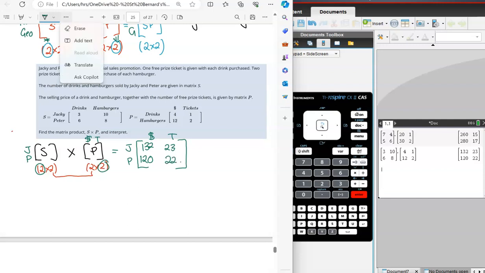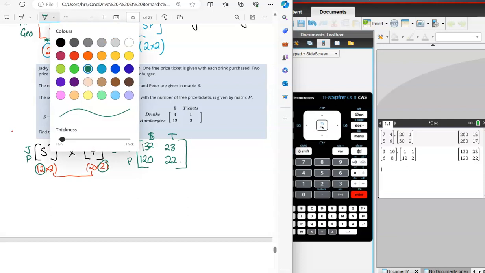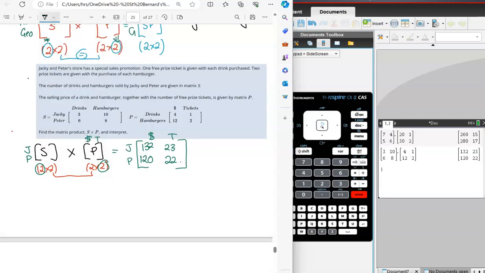So interpret this one. Very similar to the question before. So what are we going to say? This tells us the total sales, or total earnings, or whatever you want to say, of Jackie and Peter, and the total tickets given away for each.